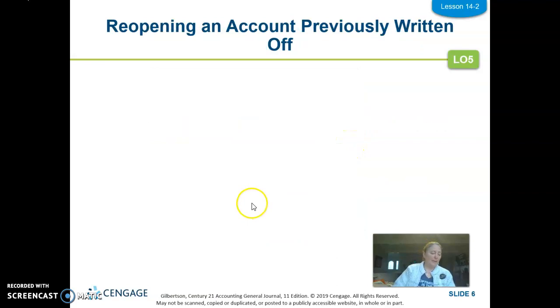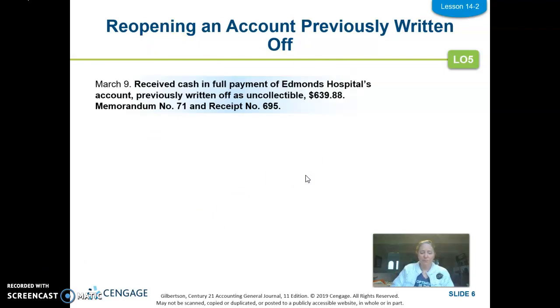Then it's feasible that we would end up writing them off, and turns out they send us a check and we collect it. When that happens, we have to reopen an account that was previously written off. So we receive full payment of their account that was previously written off as uncollectible, $639.